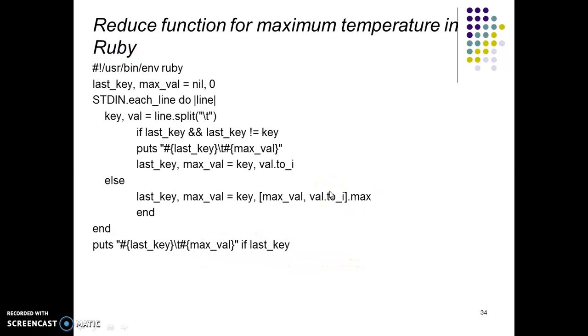Similarly for maximum temperature we are making use of last key, then key comma y, we are using the split function, then we are using last key max value. So this is with respect to Ruby. Here we are using last key max value equals key. This is a Ruby function which we don't need to understand in much detail.